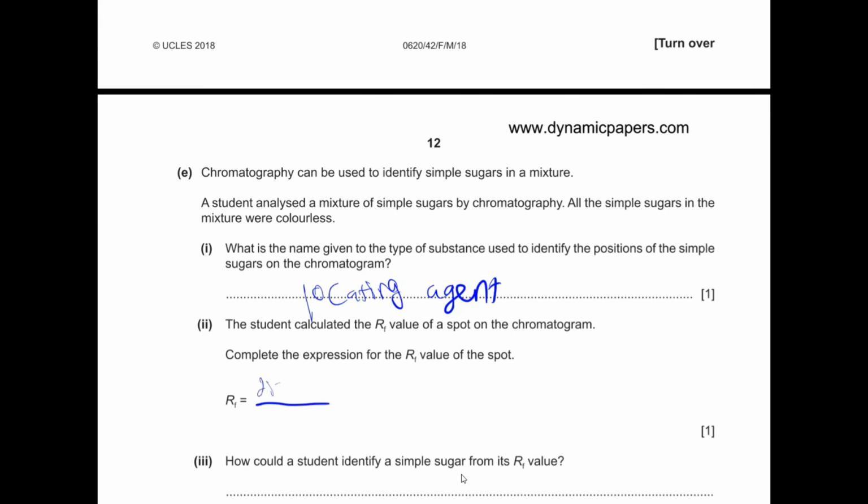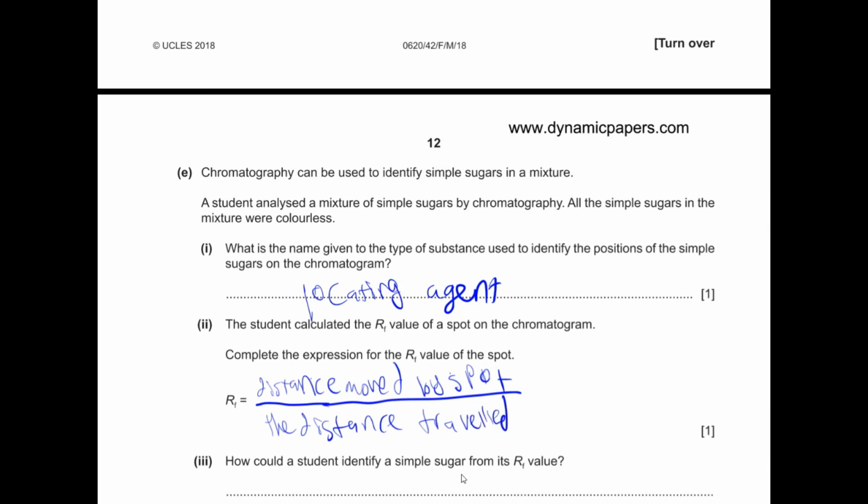the distance moved by the spot divided by the distance traveled by the solvent.